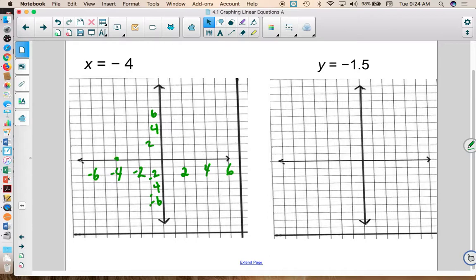Okay. Is there any place else where x is going to be -4? Now, okay, Olivia, I have a question. Is this an x value, or is this a y value here? Okay? Somebody come and give me another point where x is -4.